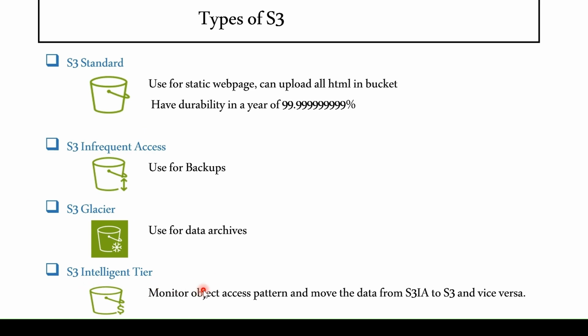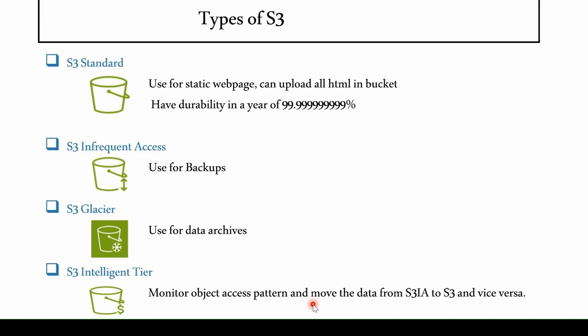Now there is a facility called S3 Intelligent Tiering. This functionality monitors the object access pattern and moves the data from S3 Infrequent Access to S3 Standard and vice versa.